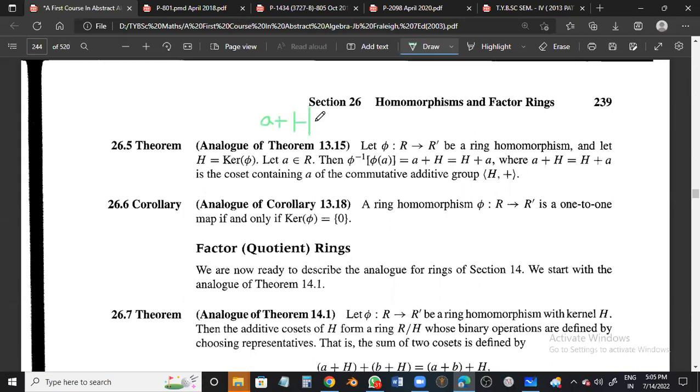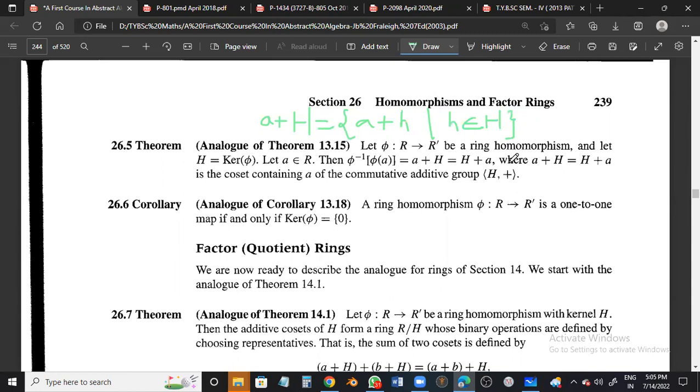This means you are handling the set of all elements of the pattern A plus small h. And from where is small h to be taken? From capital H. So the set A plus H is known as coset. So we are taking cosets here.